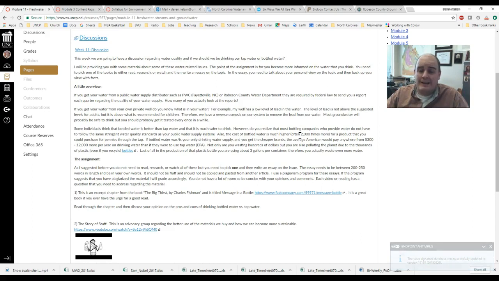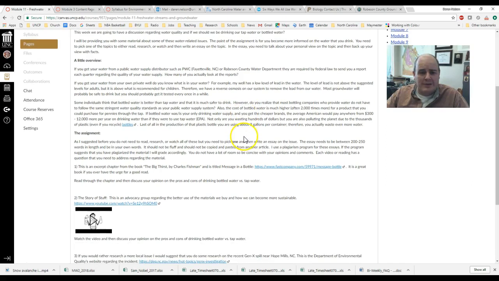Whereas that same 16-ounce bottle, you could be paying anywhere from about 25 cents if you buy it in bulk, like some people do, all the way up to $4 a bottle if you get some of the fancier ones, right? Like Fiji and Evian and some of those guys, which are wasteful and actually not very sustainable. But that's okay. So you're paying 2,000 times more than you would with the water that you have, and it's not necessarily a better product sometimes.